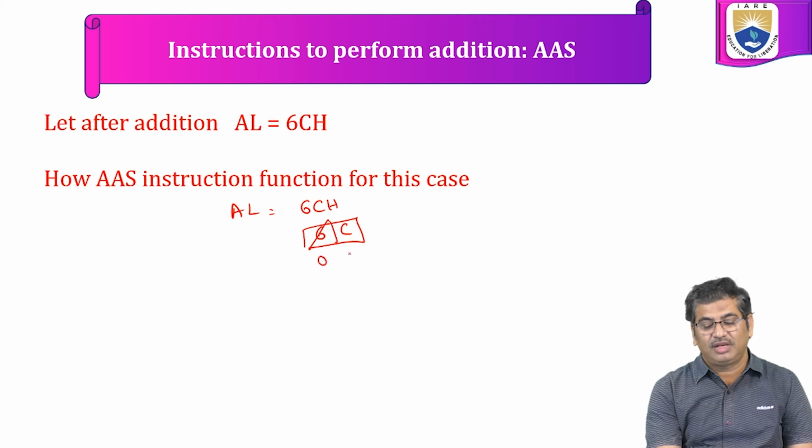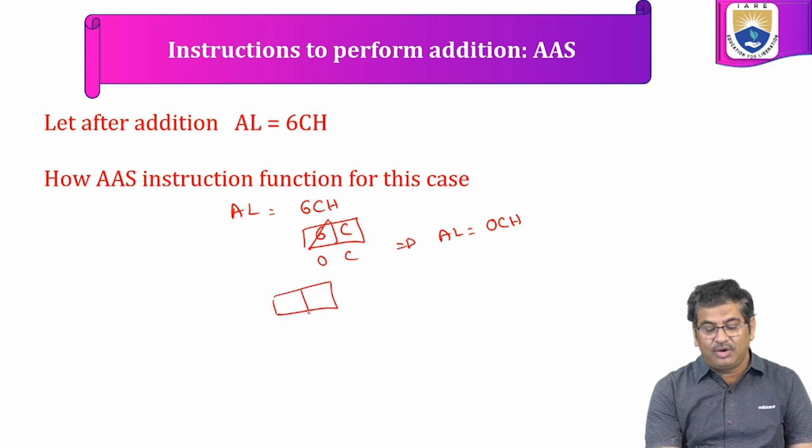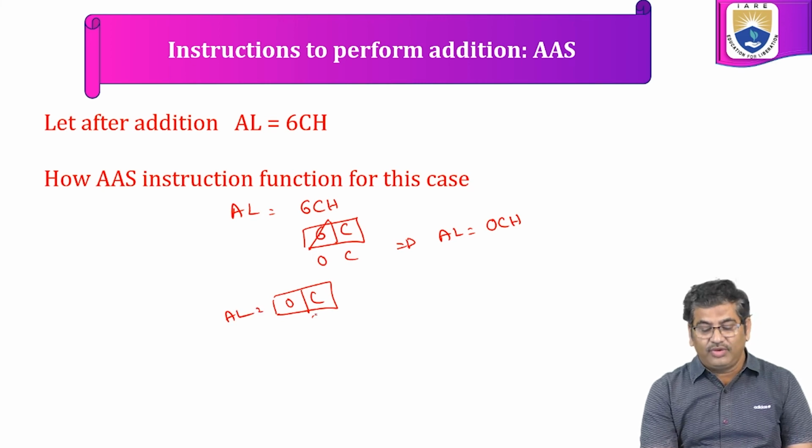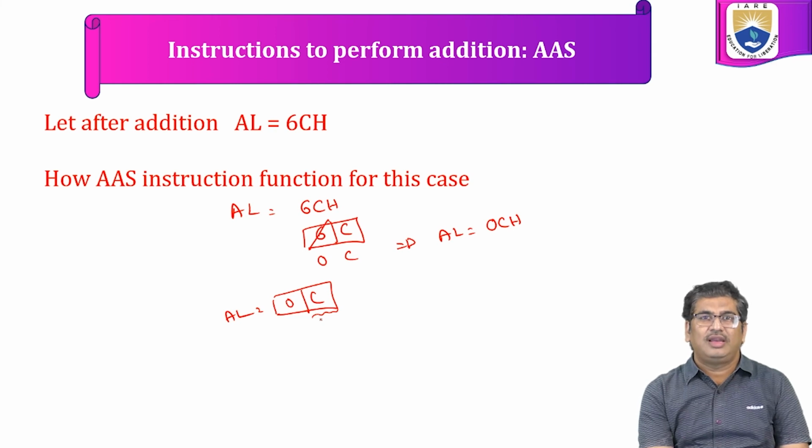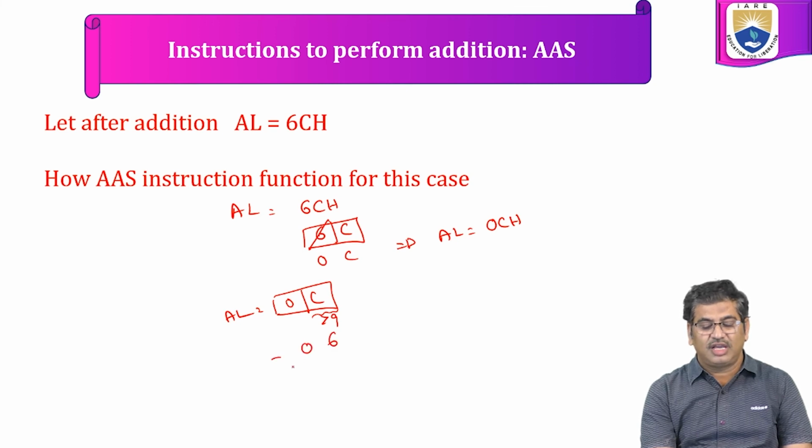So 6 will be cleared, which results in the AL register content being 0CH. Then examine the lower nibble of the AL register. The lower nibble in this example is C, which is not a valid BCD number as it is greater than 9. We have to subtract 06 from this content.